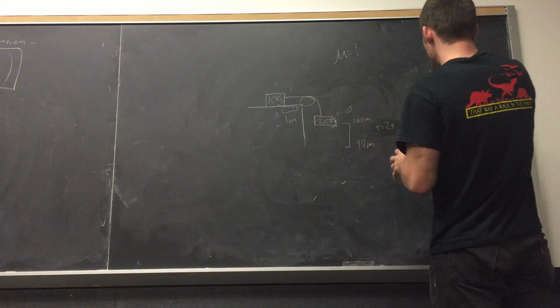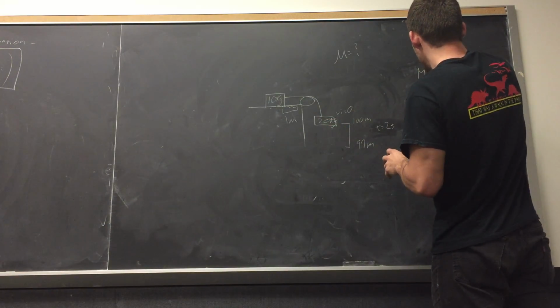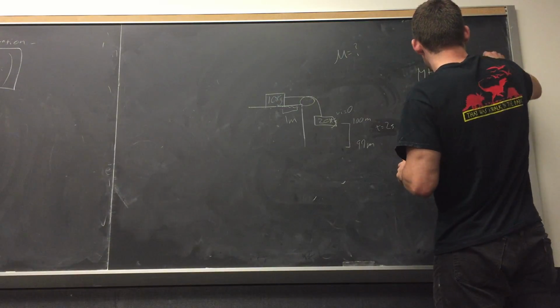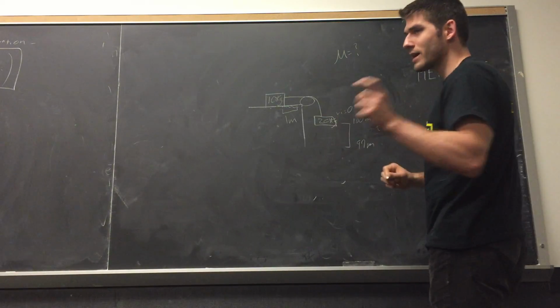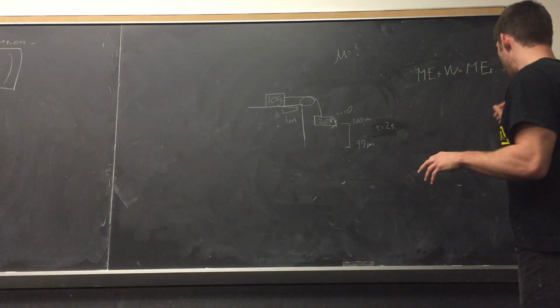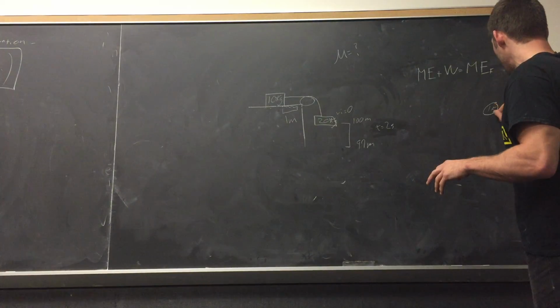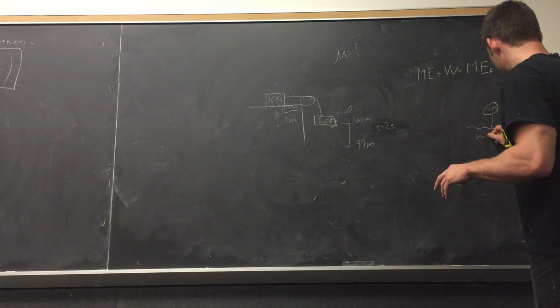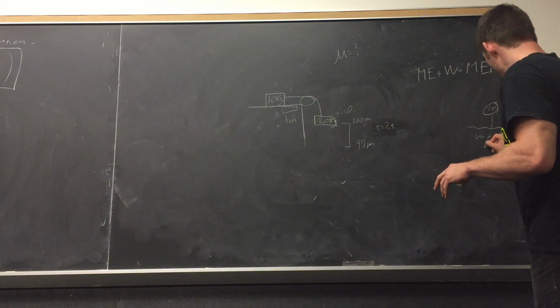So my super formula for chapters 6 and 7 is mechanical energy initial plus work equals mechanical energy final. There are two definitions of work. There's the sucky definition: if a basketball that weighs 1 kilogram falls 1 meter, what is the work done by gravity?